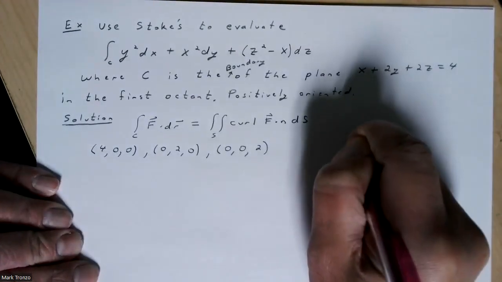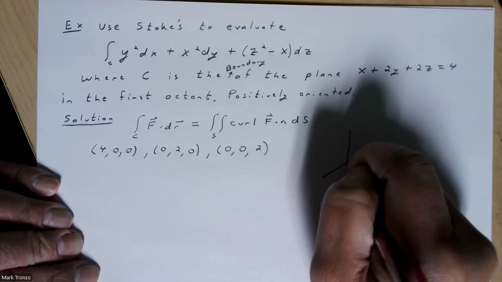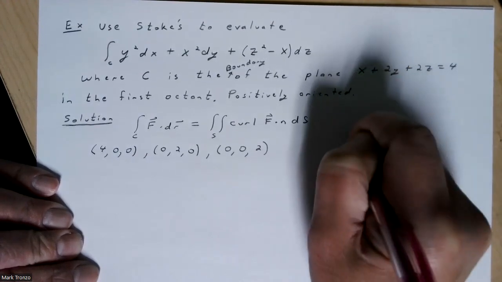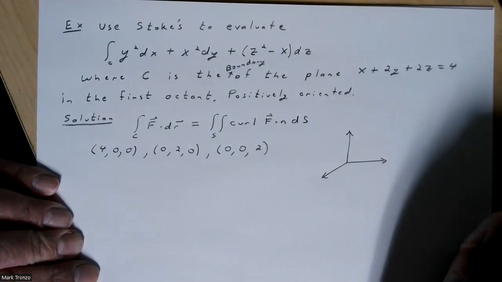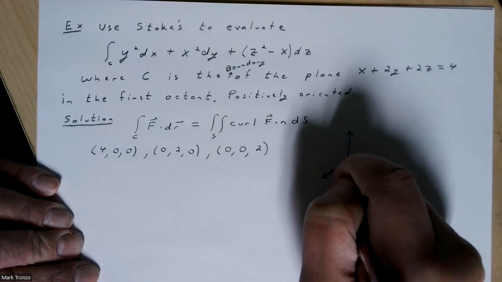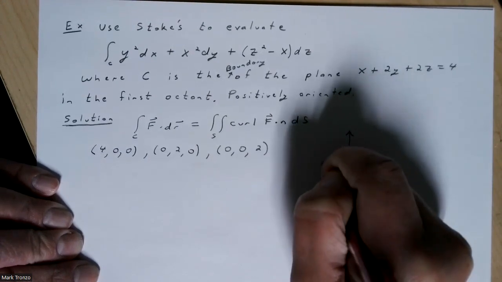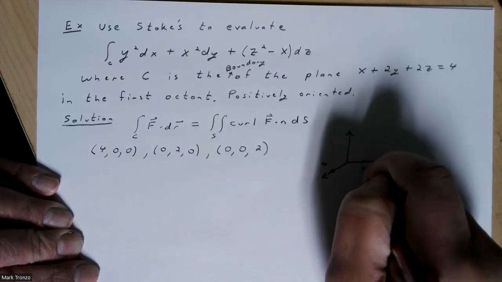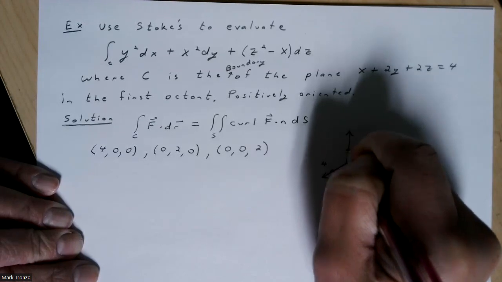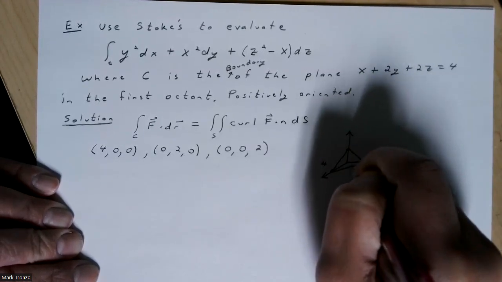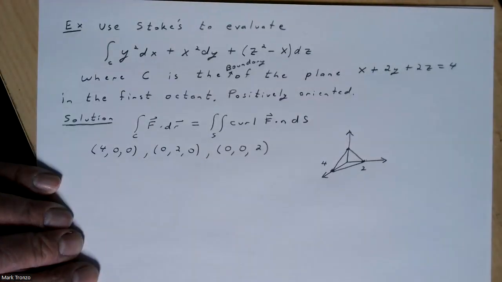Just something like this. And then we can draw a little picture here just to give us an idea of what's going on. And we're going to have like a 4 here, 2 here, 2 here, like that.